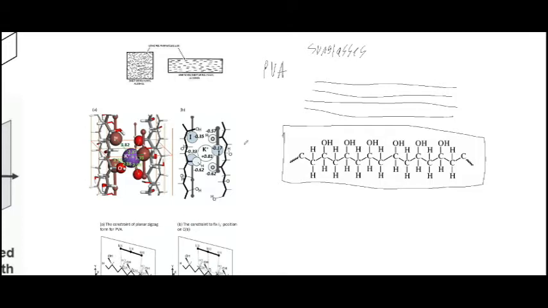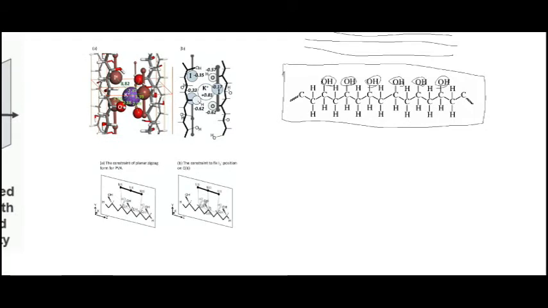And then the iodine actually sits between these parallel polymers of the PVA, because they have these hydroxyl groups here that can interact with the charged potassium and iodine.